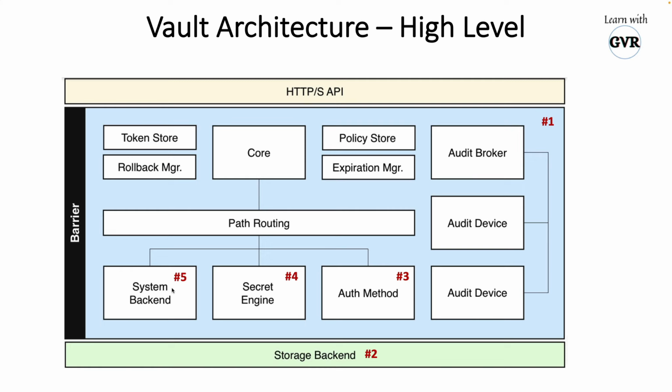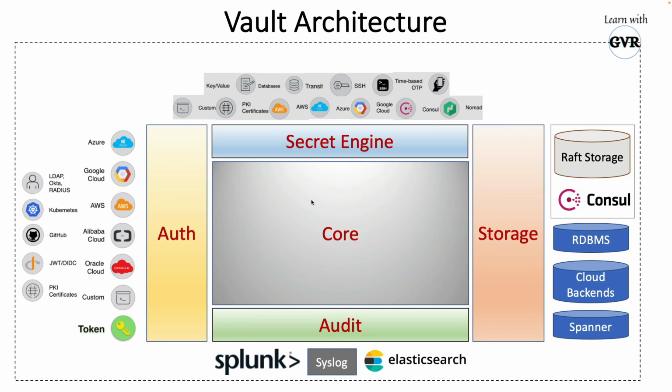The system backend is to store the internal policies, etc. Not this backend, this internal one, it will have some storage. And audit, yes, of course, that's the beauty of Vault. You can audit who does what, when, etc. And finally, Vault can be accessed by using the HTTPS REST API, so that any application or human can access. Right. This is Vault.